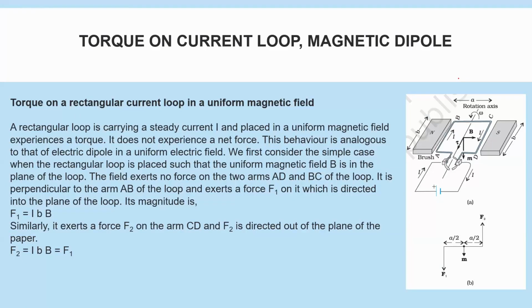We are going to consider torque on a rectangular current loop in a uniform magnetic field. Right now we are only considering a uniform magnetic field.